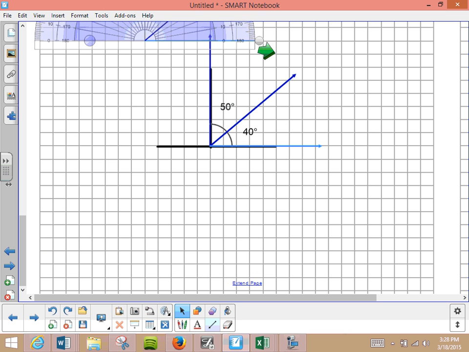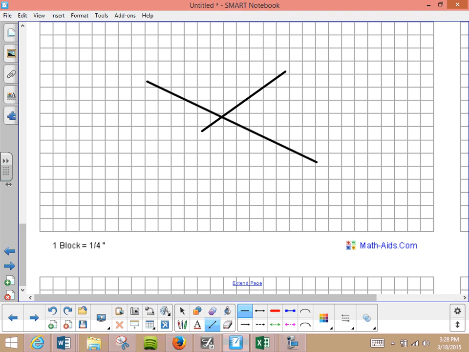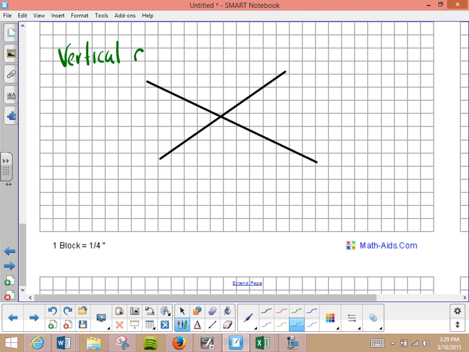The next part is to understand what adjacent and vertical angles are. So on your paper, just draw literally two lines, and write down vertical angles.